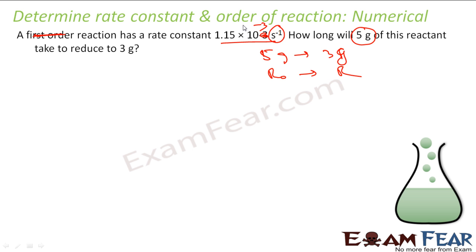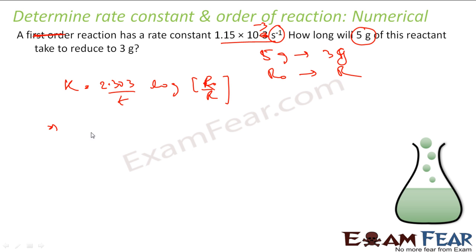First order equation. Rate constant is given. We have to find time. The formula we know is K = 2.303/T log(R naught/R). Very famous equation for the first order reaction. Plug in all the values.